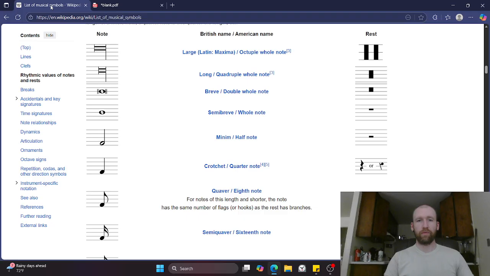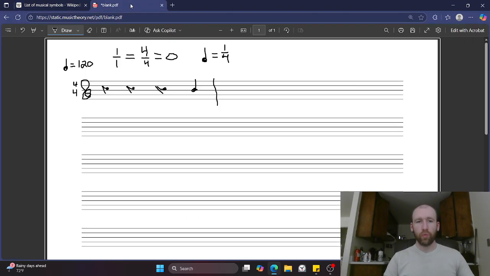Now let's do some even further division, because hopefully you've come to this conclusion already, but if you haven't, it's totally okay. What we're really getting at here is that this whole note that spanned the entire duration can be divided up into fourths. It could be divided up into halves.